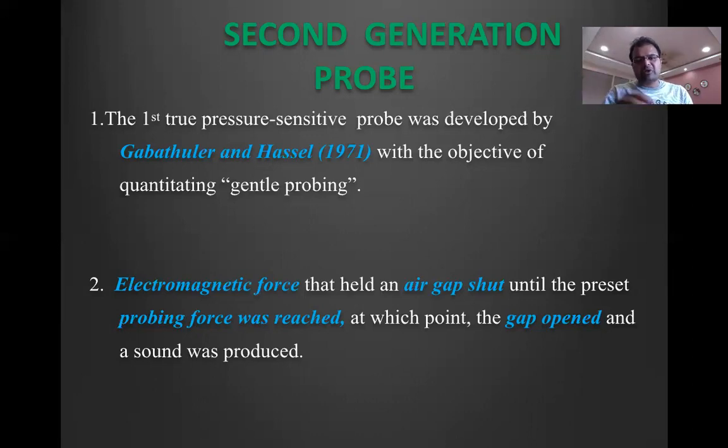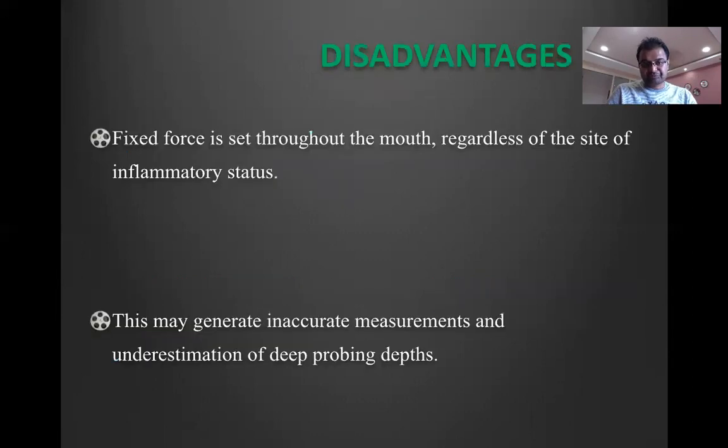So I had to go back, reduce the force, and then probe again. That was also known as true pressure sensitive. With this second generation probe, the force got standardized, but the direction was not, and it was still manual. It was not an electronic device.